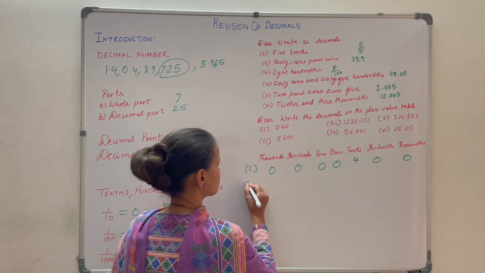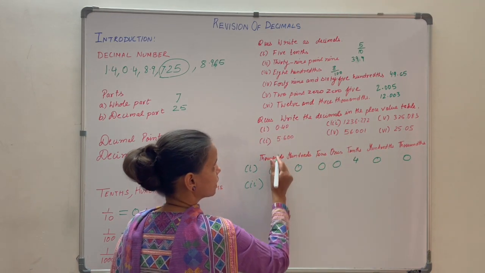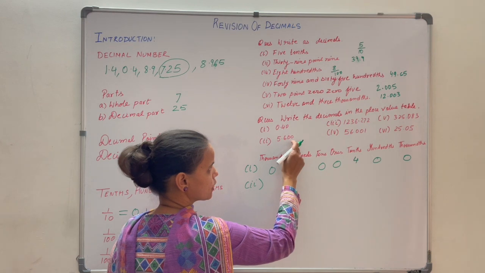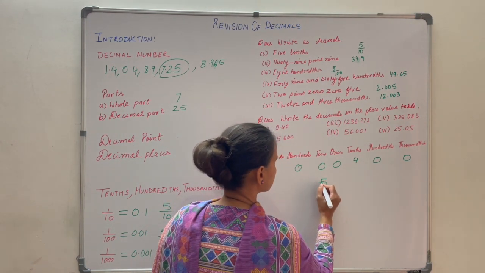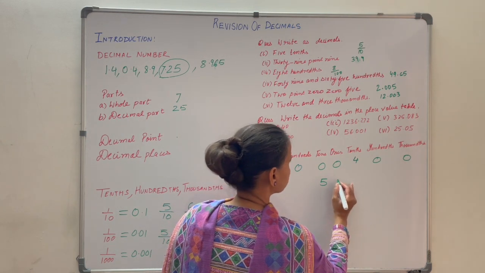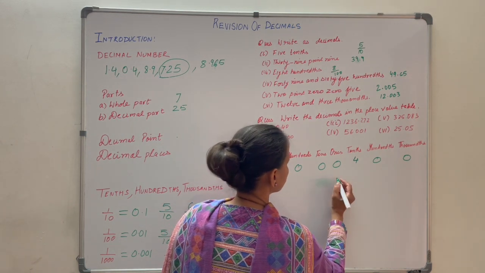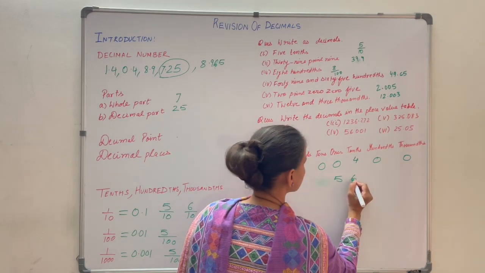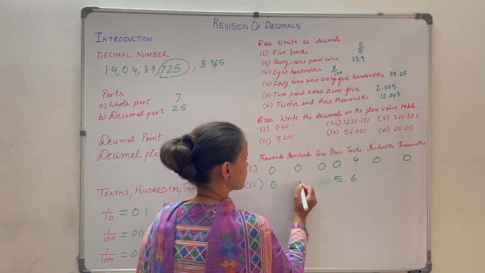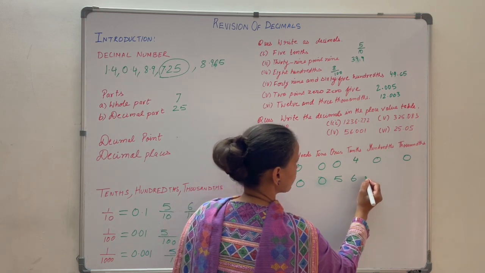Now let us do question number 2. Here this is 5.600. So you have 5 in the ones place, 6 in the tenths place, rest all other places it is 0.